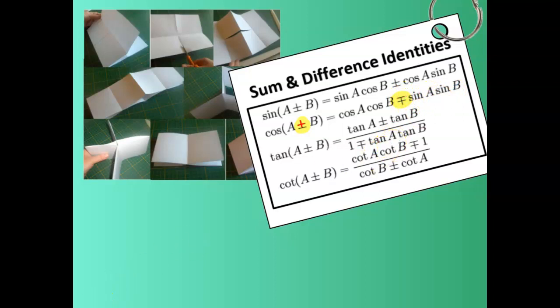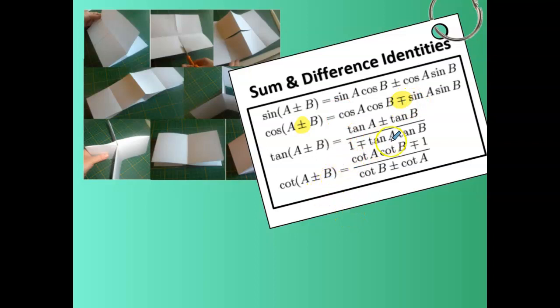On the other hand, if instead we use the cosine of the quantity a minus b, so we're looking at the difference of a and b, then when we do the other side, we're going to use the plus because that's on the bottom as well. So we would find the cosine of a, cosine of b, plus the sine of a, sine of b. So the order that the plus minus or the minus plus appears in the identity determines which one is going to go with the other corresponding.